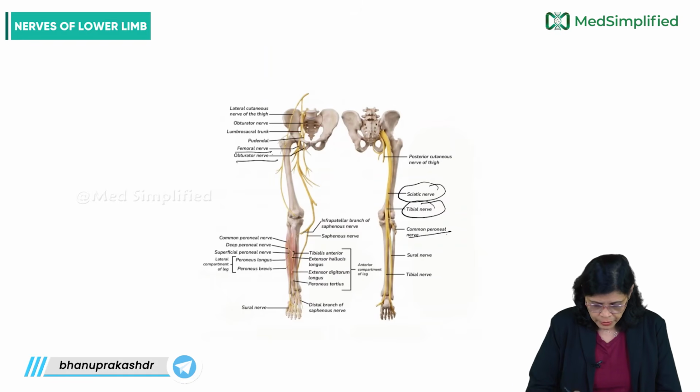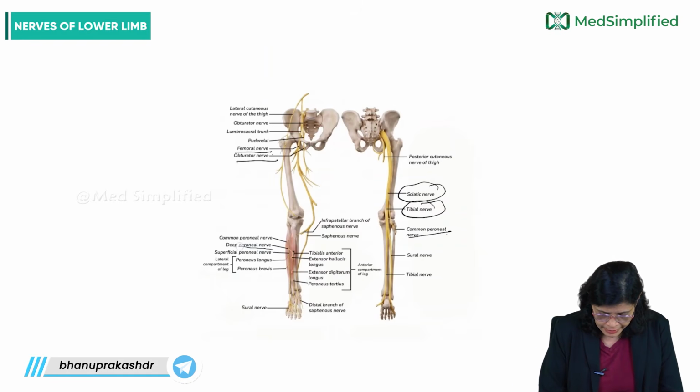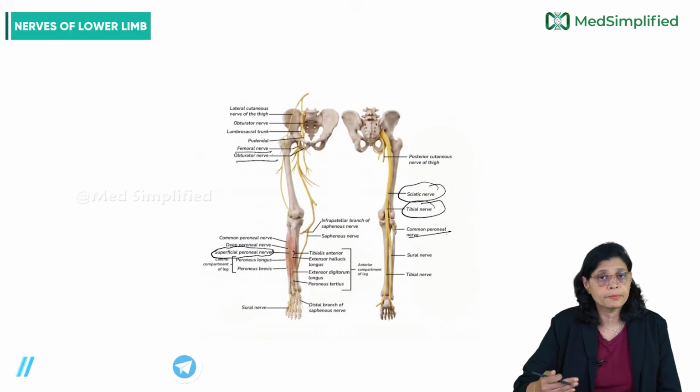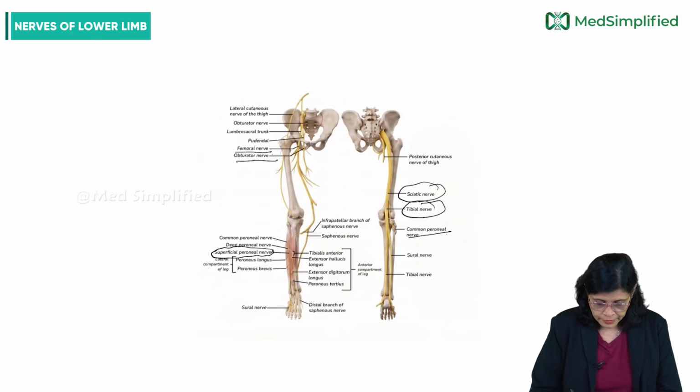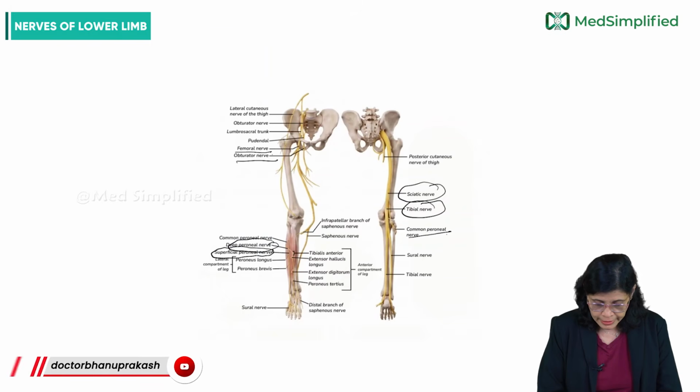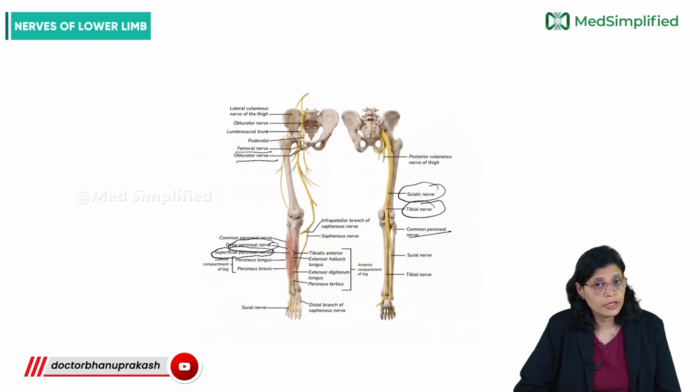The superficial peroneal nerve will be supplying the lateral compartment of the leg, whereas the deep peroneal nerve will be supplying the anterior compartment of the leg, which is otherwise called the extensor compartment of the leg.